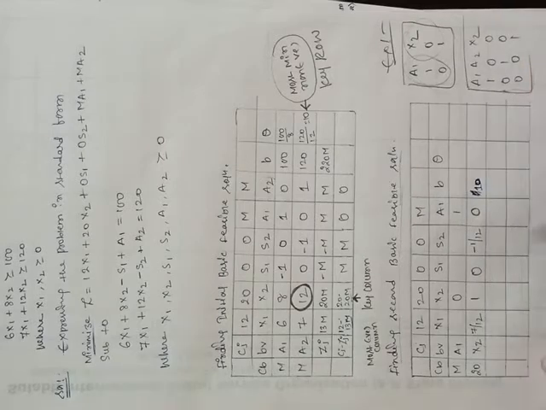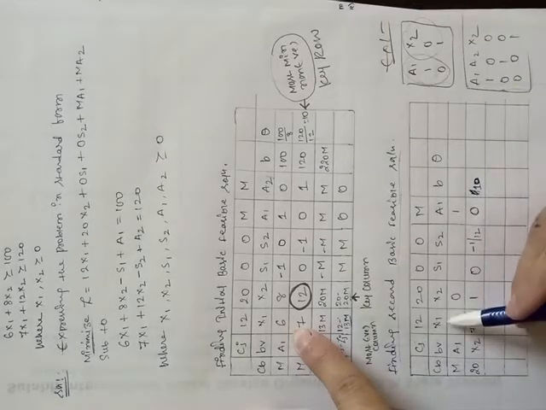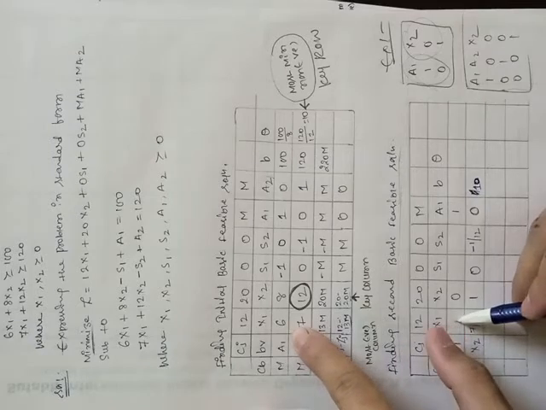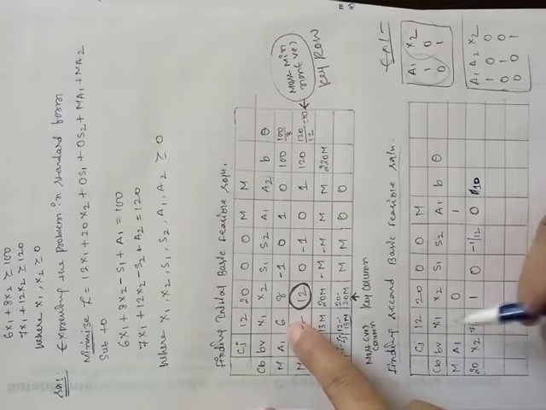So to find this a1 column, the formula is: we need to find the value of x1 here. In the previous table, that is the first table, the value at this block is 6.